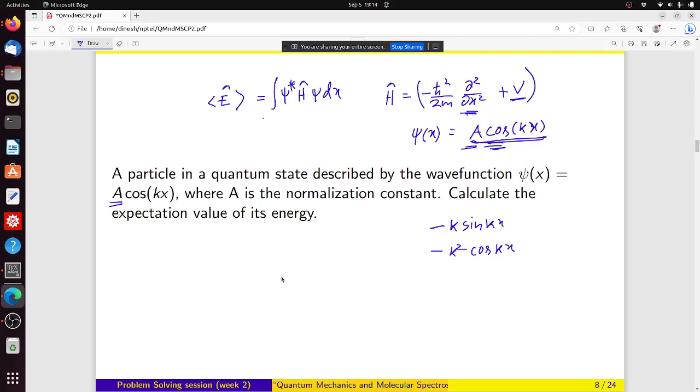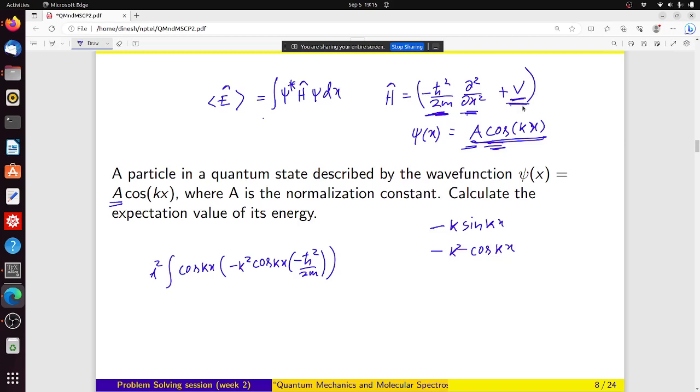Now psi is A cos kx, so you will have A square, then minus k square cos kx, and there is a constant here, minus h square over 2m.